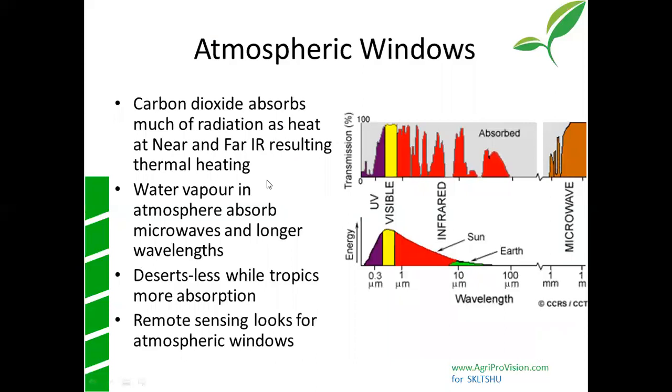Once this comes in, the carbon dioxide absorbs much of the radiation, resulting in thermal energy. This is how the energy varies, and water vapor and all those things change the format. The atmospheric windows, the gaps we have, also affect the transmission of electromagnetic radiation.